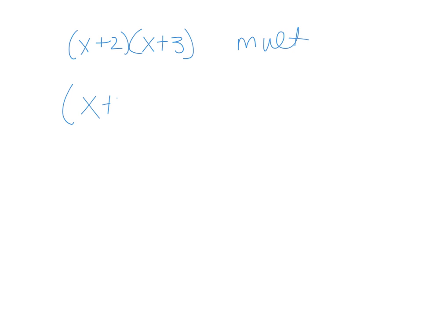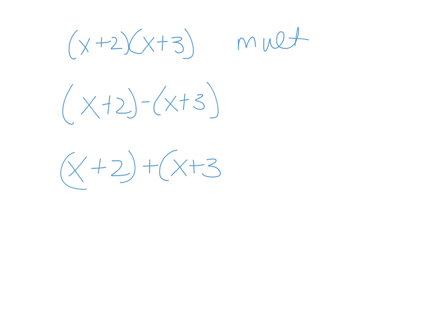Now the only thing I want to show you is when you see the original problems, you have to know that this is a multiplication problem, as opposed to this, which is subtraction, and this, which is addition.